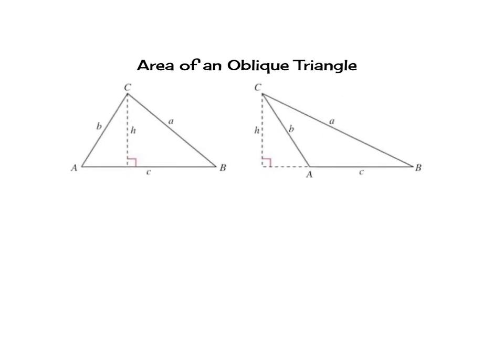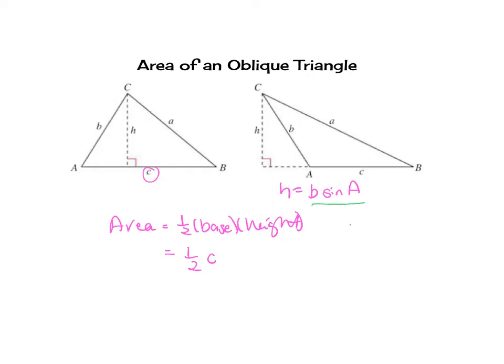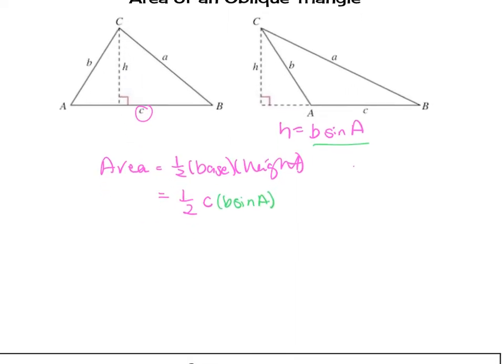So area of an oblique triangle, we remember that the height equals the base, b times sine of A. So area equals 1/2 of the base times the height, which is 1/2, and in this case, C, times the height, and remember the height is this, so C times B sine of A. And then we can simplify that a little bit more, so the area equals 1/2 BC sine of A.